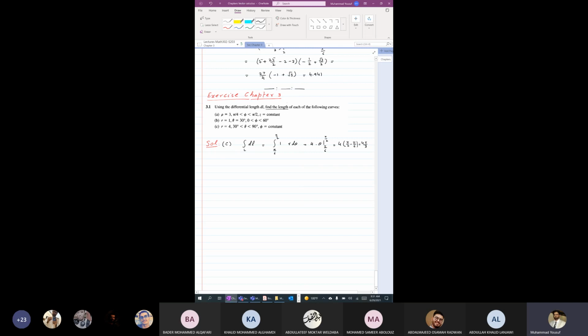It is 4 multiply pi divide by 3, and that is equal to 4.1888. Continue like this. So we can write it as 4.1889 and stop here.